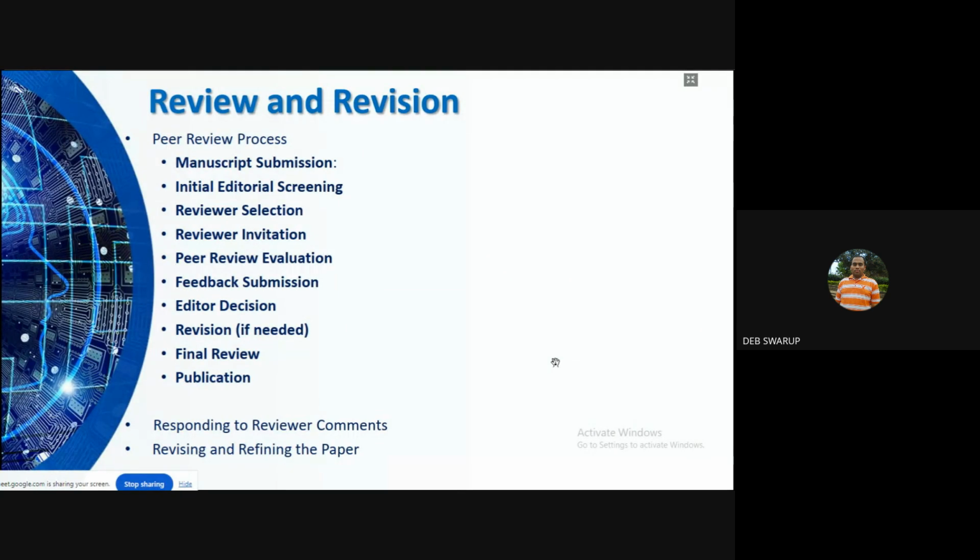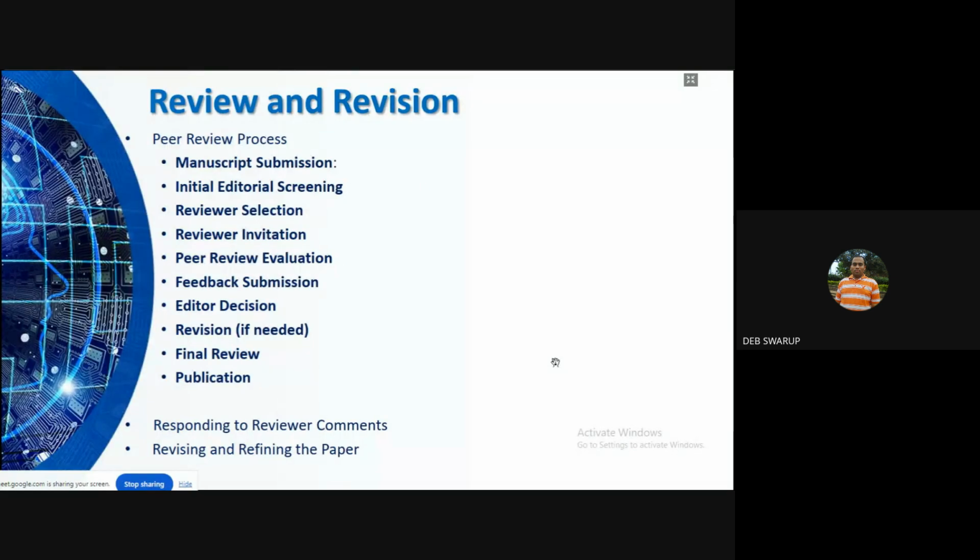So what is the peer review process? When you submit a particular manuscript, the manuscript submission takes place, and then it directly comes to the editor for screening. Clear?